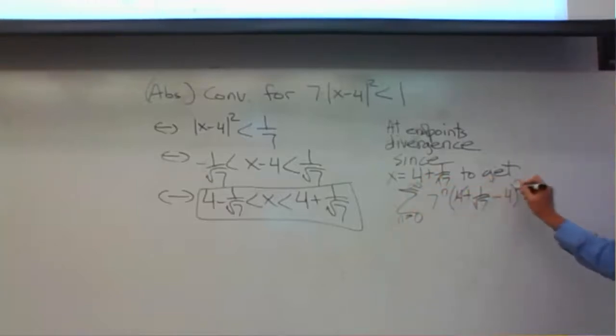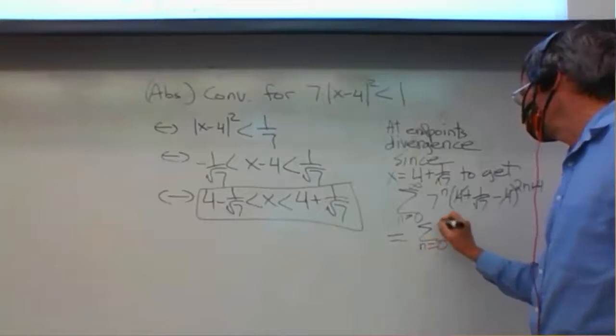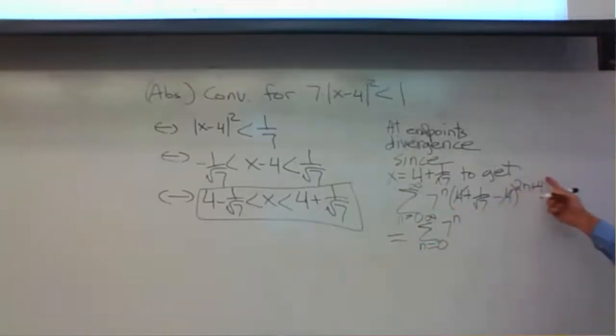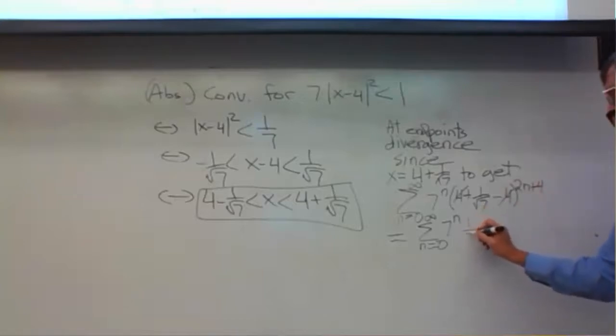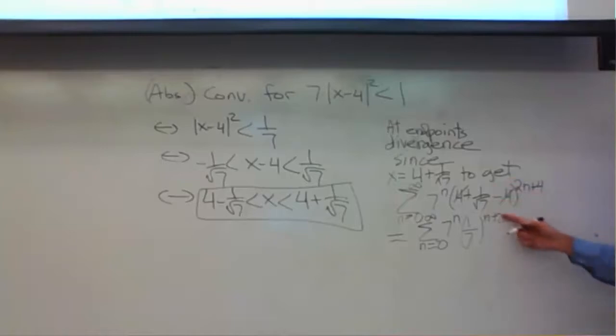And the 4's cancel. And then 1 over square root 7 to the 2n plus 4, this becomes the sum n equals 0 to infinity, 7 to the n. Factor 2 out of here. You can write this as 1/7 to the n plus 2, right? 1 over square root 7 to the 2n plus 4 is the same as 1/7 to the n plus 2. You just pull a 2 out of here and square this and have n plus 2 left.